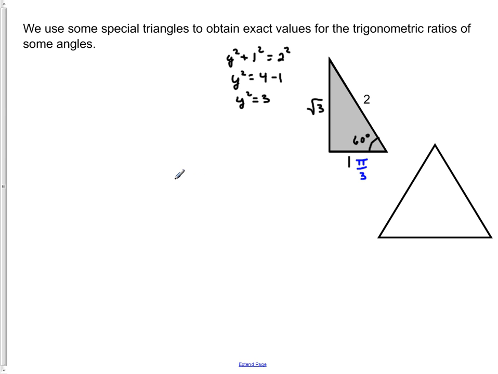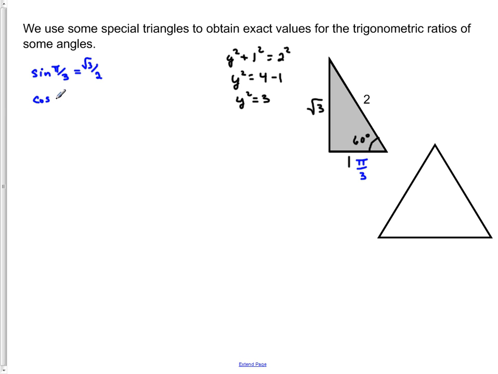And that's also an easy one to remember because now anytime I run into this 60-degree angle or pi over 3 radian angle, I can find my sine, cosine, and tangent values relatively quickly. Let's do it in radians this time, just for a little variety. The sine of pi over 3: opposite over hypotenuse is the square root of 3 divided by 2.